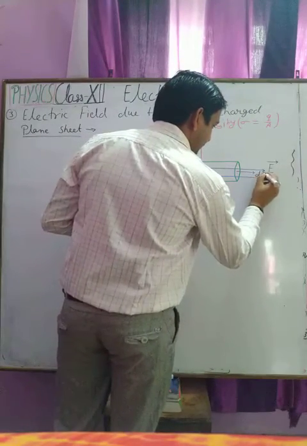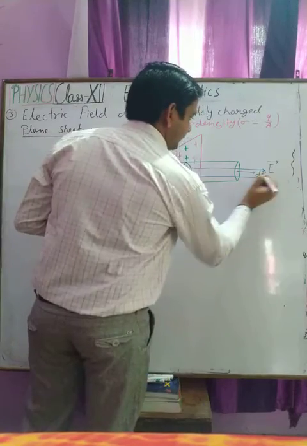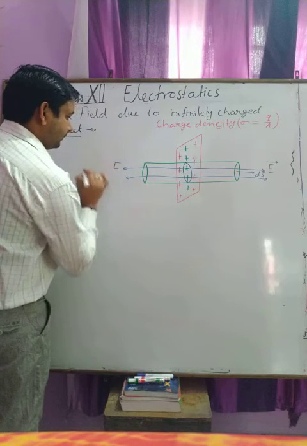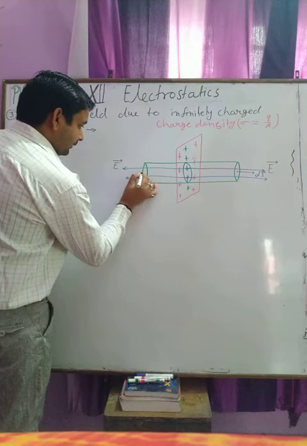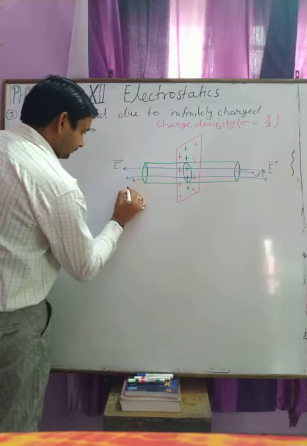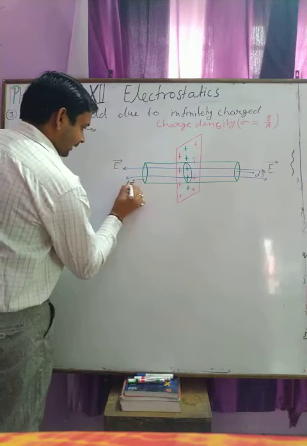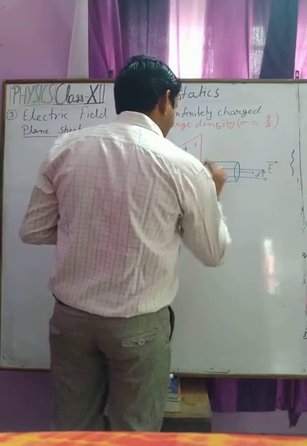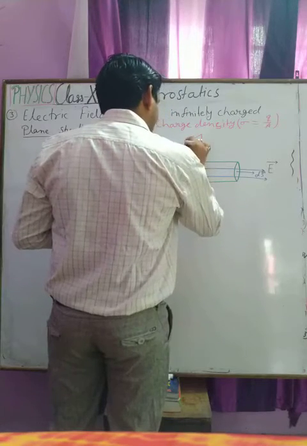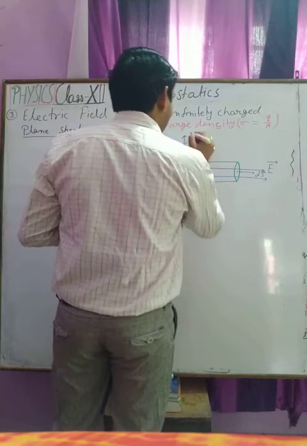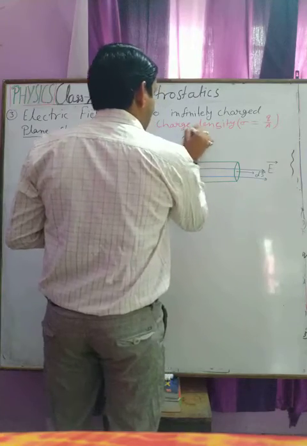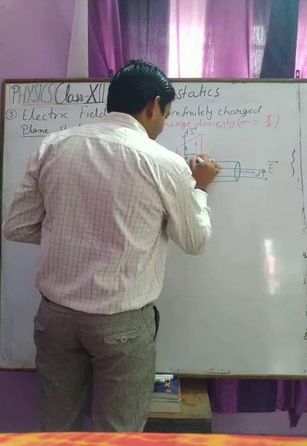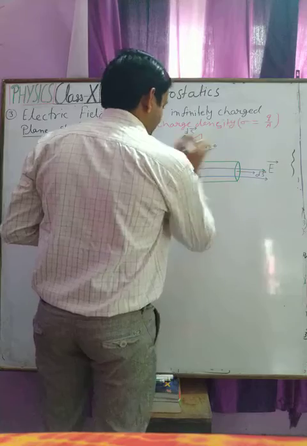We are using this ds. For the curved surface the electric field is again in the same direction, but the area vector is perpendicular to the electric field vector, with an angle of 90 degrees.